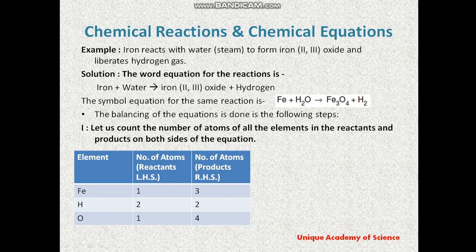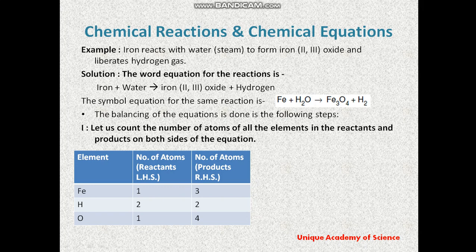Fe on the left hand side is 1 and on the right hand side you can see it is 3. Now hydrogen, H, on the left hand side is 2 and on the right hand side it is also 2. Now oxygen, O, on the left hand side is 1 and on the right hand side O is 4.